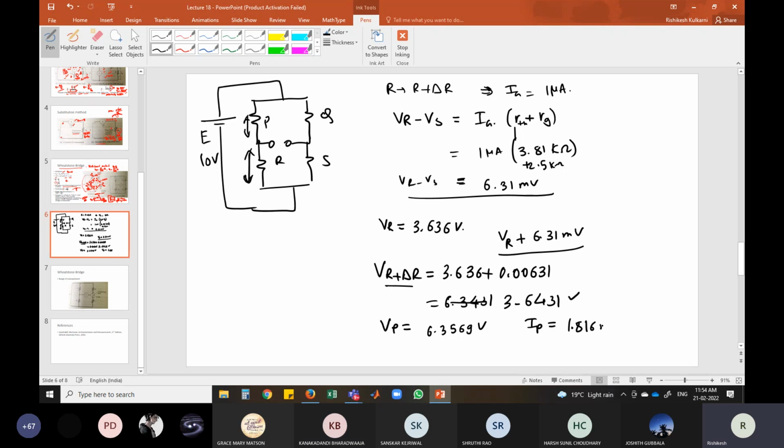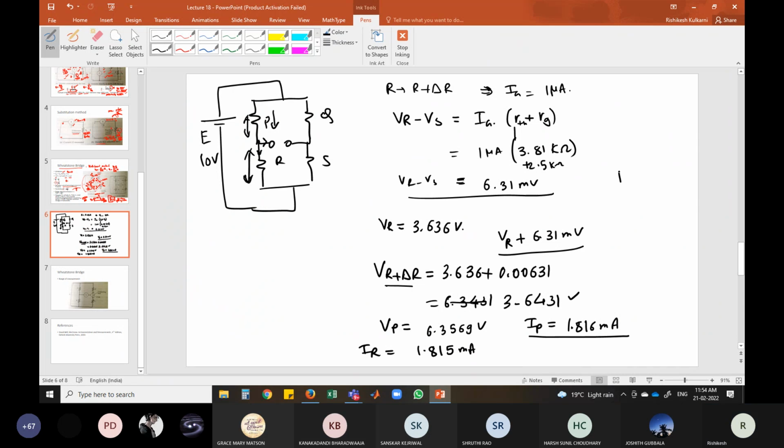This IP current is getting split here. How much is going through the galvanometer? 1 microampere. Subtract it from IP, so 1.815 milliampere is going through R.